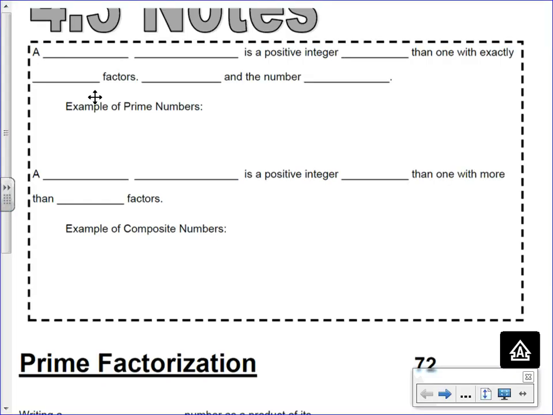A prime number, and we've learned about primes since the beginning of the year on the calendar, is a positive integer, so it has to be something positive, greater than 1 with exactly 2 factors. So a number that only has 2 factors, and what would the 2 factors have to be? Yep. 1 and the number itself.